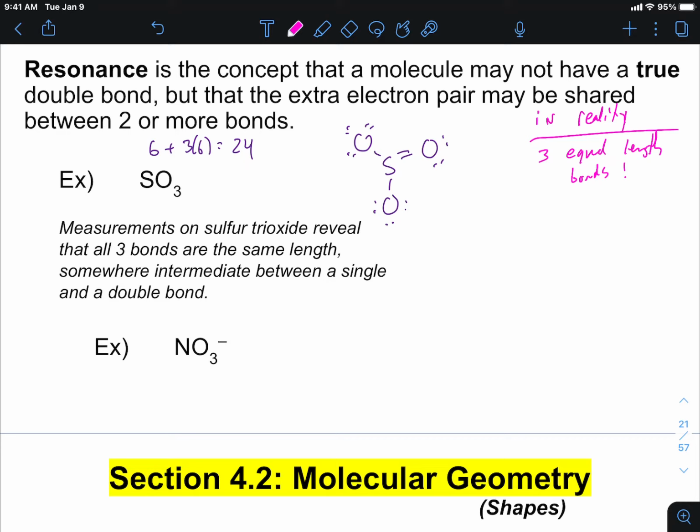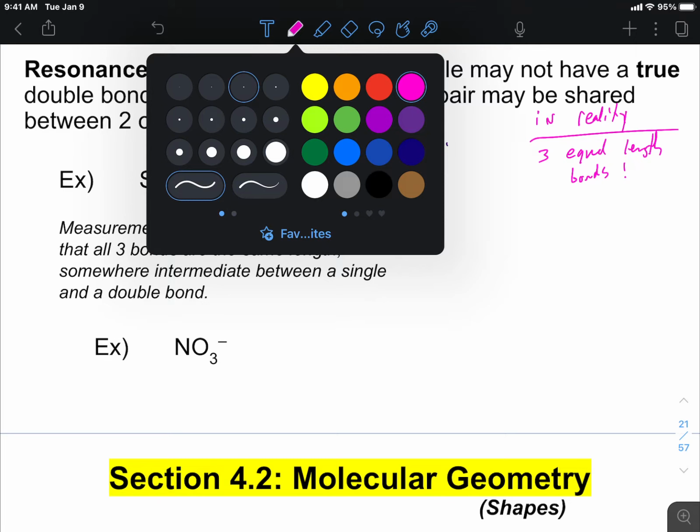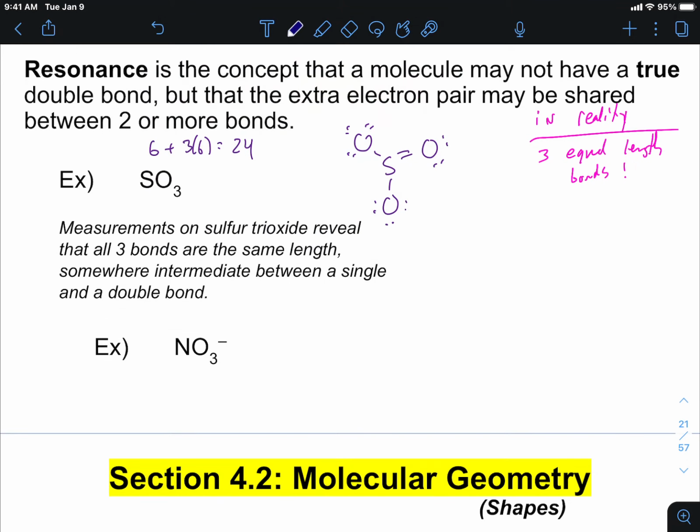And if they're different bonds, they would be different lengths. Okay, but the magnetic testing has shown that in this molecule, all bond lengths are the same. So what that means is that this Lewis diagram does not adequately show the molecule. In reality it is actually an average of different structures.